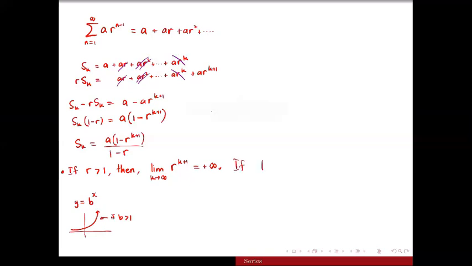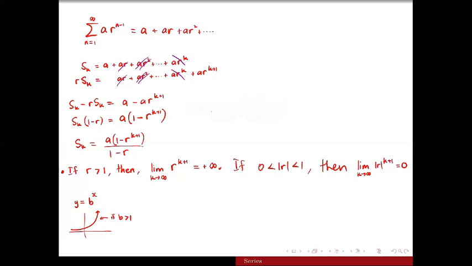If b is between 0 and 1, then we will have, sorry, why b? If the absolute value of r is between 0 and 1, then the limit of the absolute value of r raised to k plus 1 as k approaches plus infinity will be equal to 0.